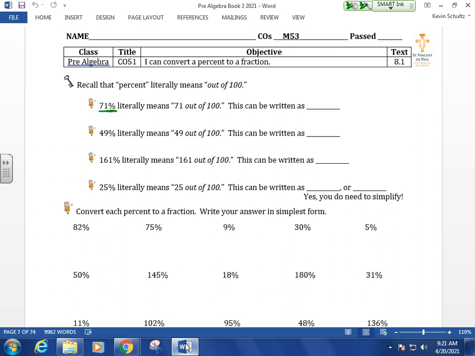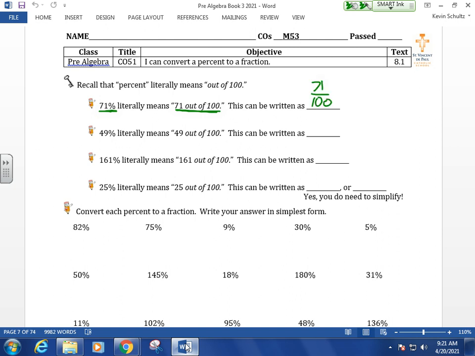Okay, so we kind of go back to what the word percent literally means. 71% literally means 71 out of 100. And think fraction now. What's another way to write 71 out of 100? 71 over 100.